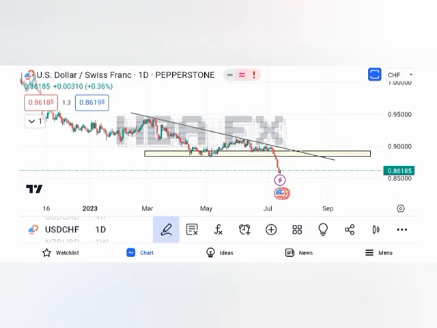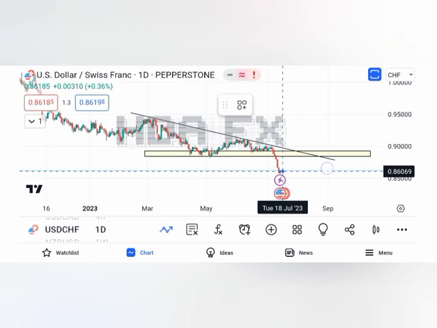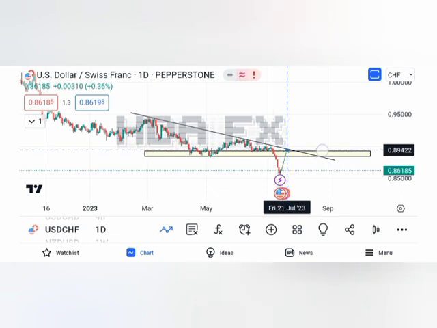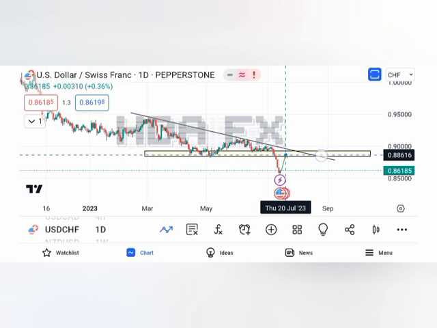Something like this is likely to happen. We want to see a retracement to this zone here, maybe this key level here or the trend line here. But actually I'll be taking my profit at a key level here. So I want to see USDCHF move up to this point this coming week.